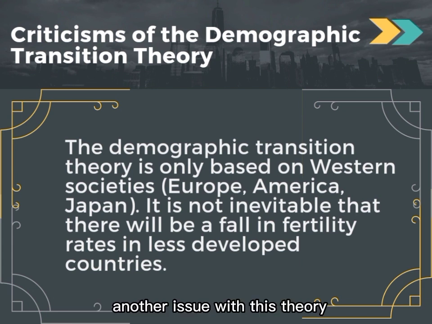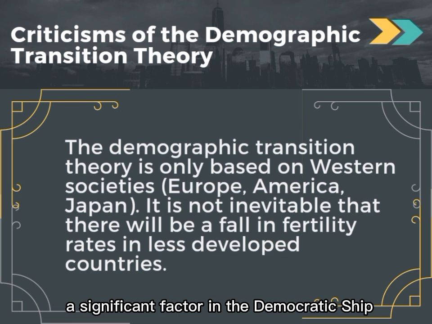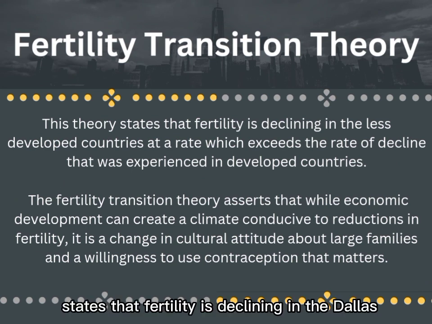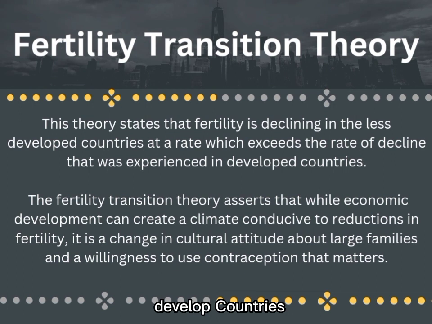Another issue with this theory is that it does not offer a theoretical justification for fertility, a significant factor in the demographic shift. Fertility transition theory. This theory states that fertility is declining in the less developed countries at a rate which exceeds the rate of decline that was experienced in developed countries.